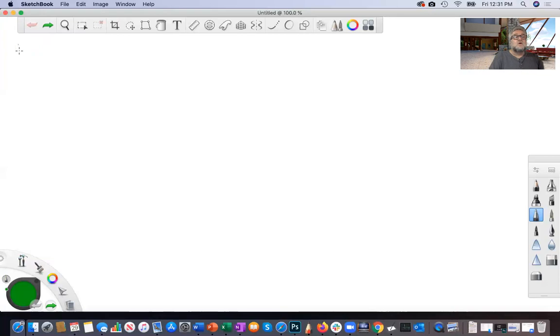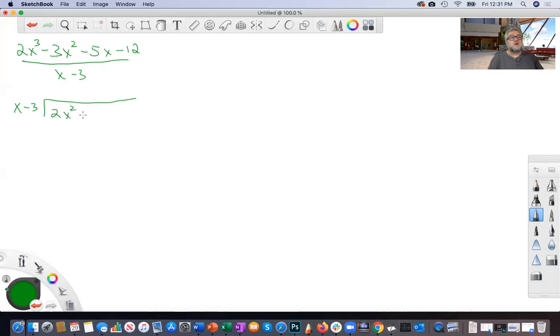Okay. 2x cubed minus 3x squared minus 5x minus 12 all over x minus 3. Okay? So I got x minus 3, 2x squared minus 3x, 2x cubed minus 3x squared minus 5x minus 12.